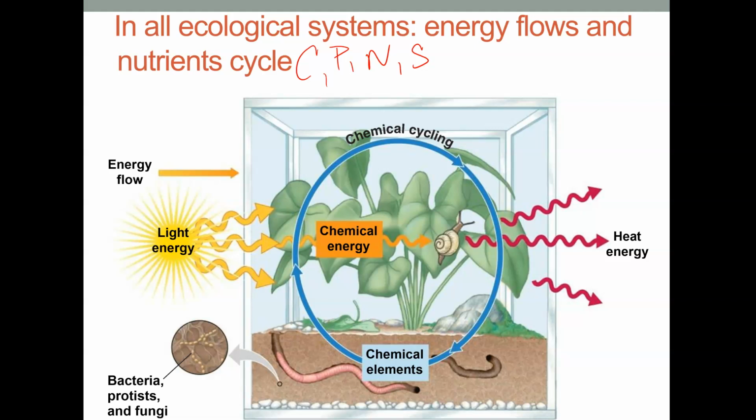Remember, we have those 4 major macromolecules that we need to make our bodies: lipids, carbohydrates, nucleic acids, and proteins. And ultimately, these, along with hydrogen and oxygen, make up over 95% of our body. Carbon, hydrogen, nitrogen, oxygen, phosphorus, sulfur. Yeah, that's all of them. Great. So these nutrients cycle.